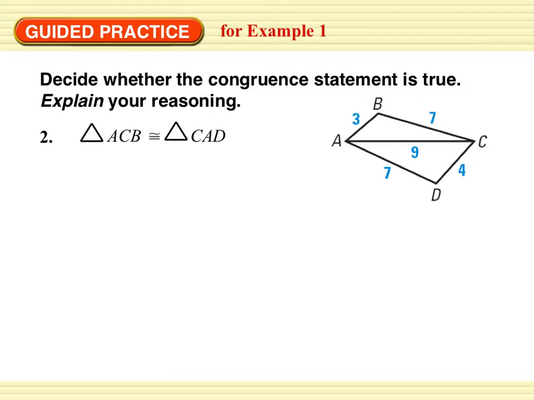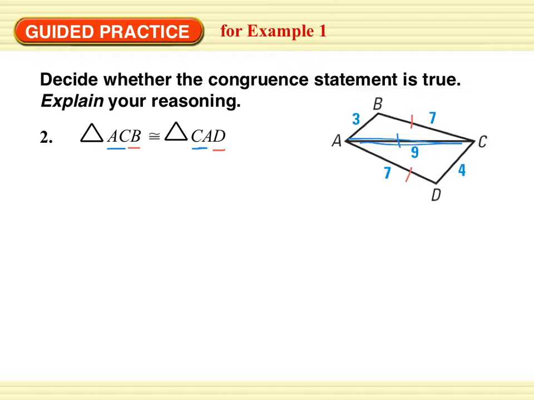Next, we got another one to check. This one is ACB. So let's start checking our congruency marks. AC congruent to CA, well, that's the same middle line here. So yes, it's congruent to itself by the reflexive property. It's the same line on both triangles. Then if we check CB and AD, AD has 7 and BC has 7, or CB.